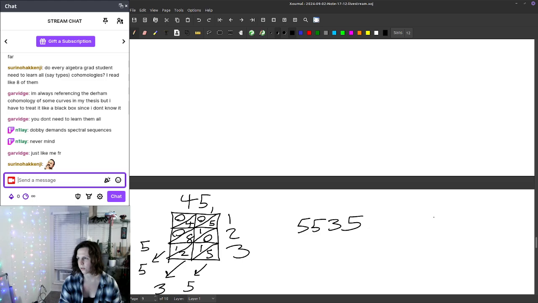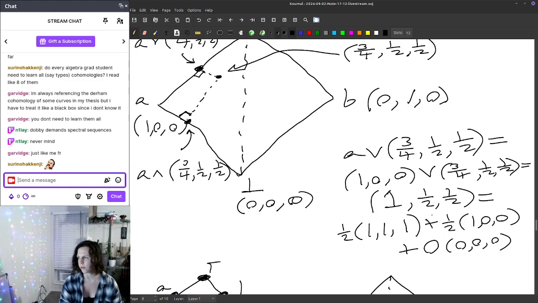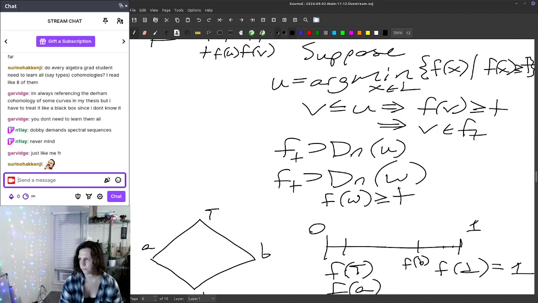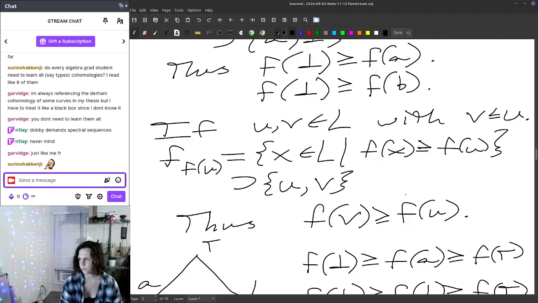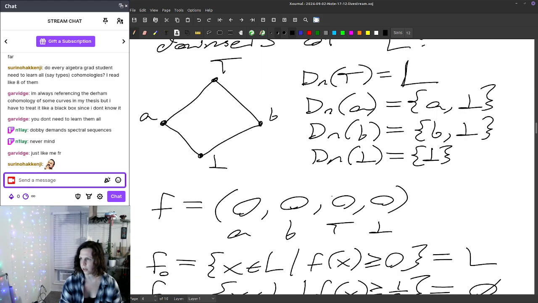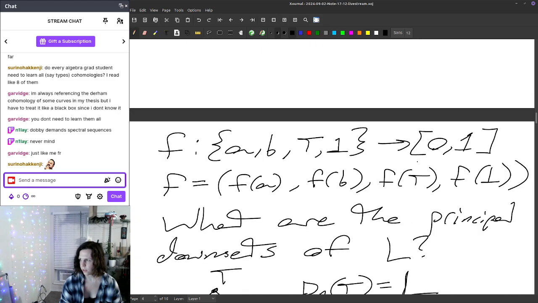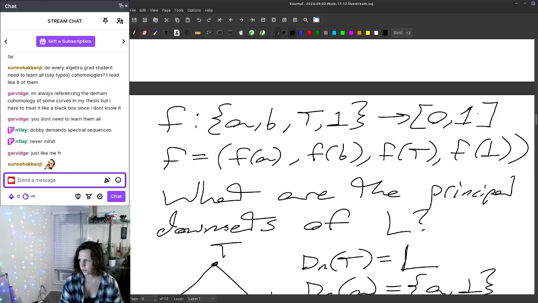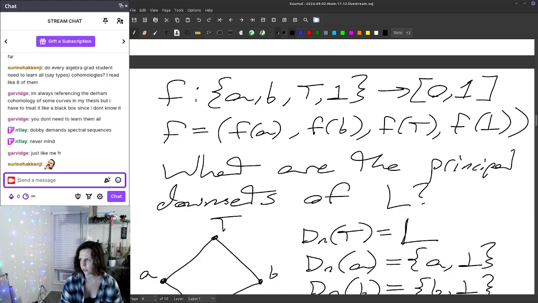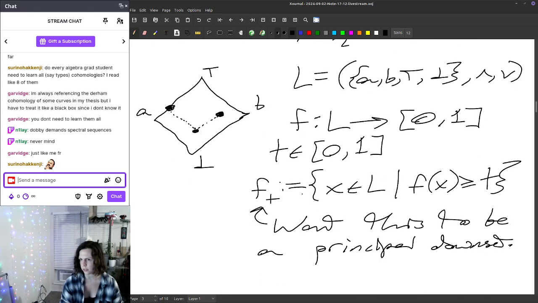The way that I defined this was by defining a family of maps from the lattice into the interval 0 to 1, which satisfied this condition that these sets f sub t were all principal downsets.